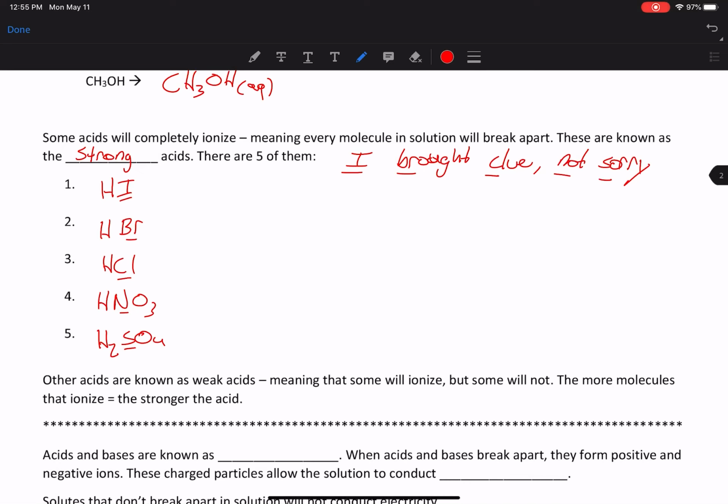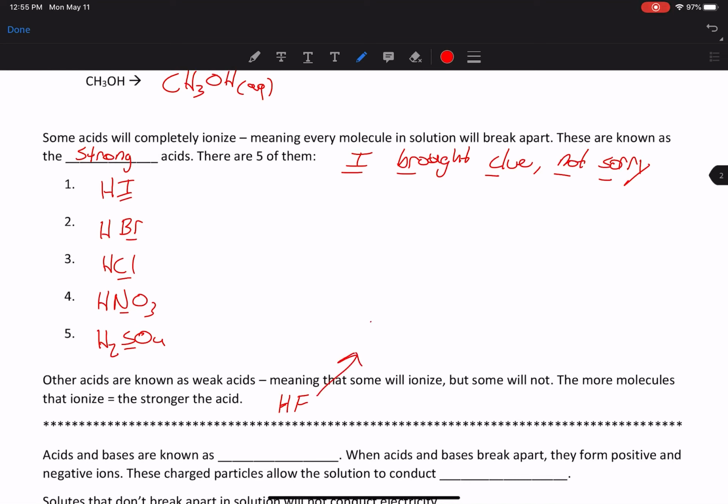All right, so other acids are known as weak acids. Basically, if it's not strong, it's going to be a weak acid. This means that some of them will ionize in the solution and some will not. And so the more molecules that ionize, the stronger the acid. So an example of a weak acid would be hydrofluoric acid, so that would be HF. Now, HF, when you put it into water, 2 things can happen.